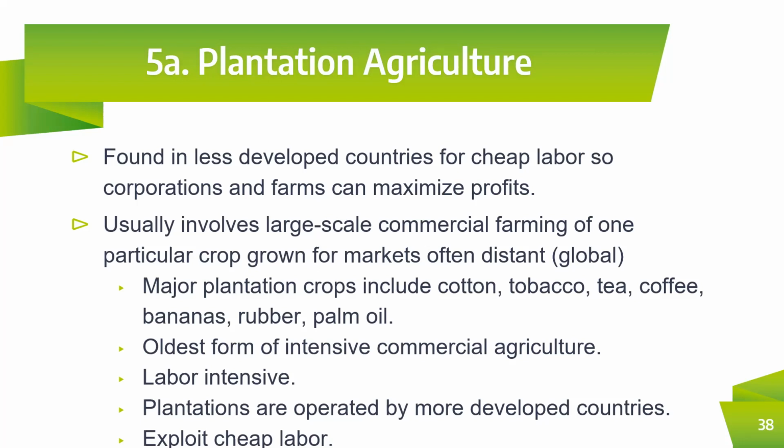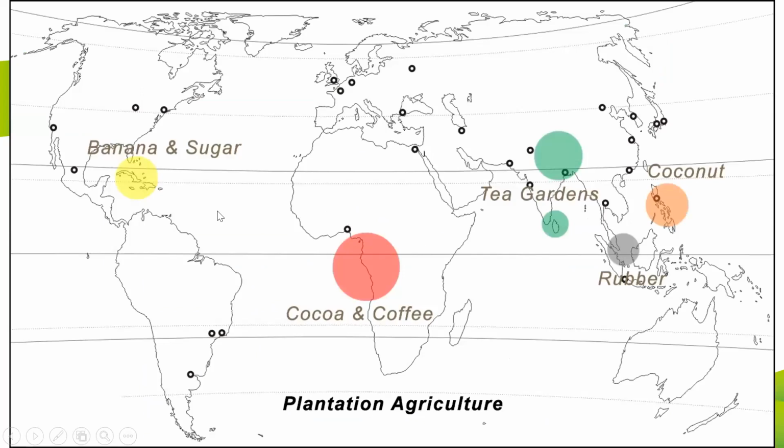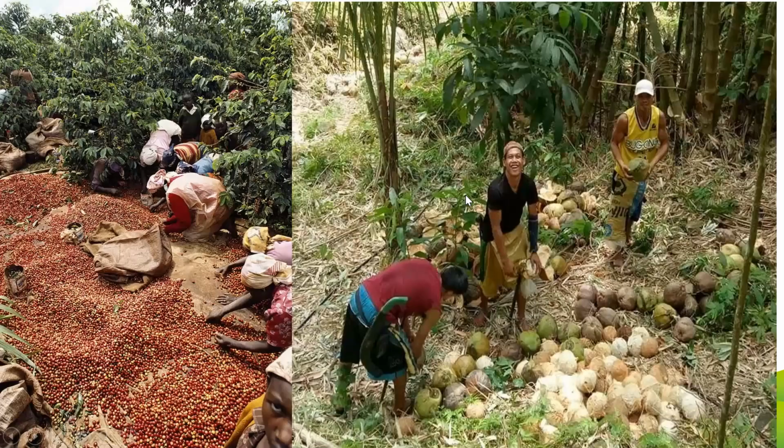And you'll mainly find plantation agriculture in low latitudes, the tropics, hot, humid climate zones. So you could take a look here at where you might find these. Again, the growth of cocoa is an example, but in this picture here, you can get a sense of plantation agriculture.